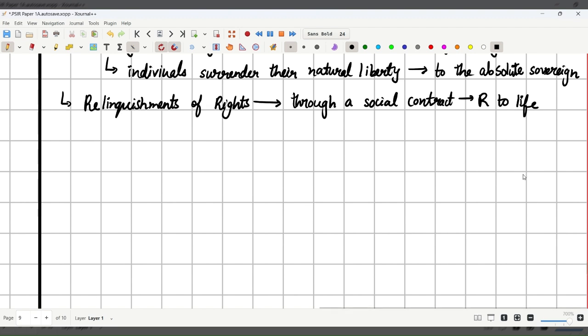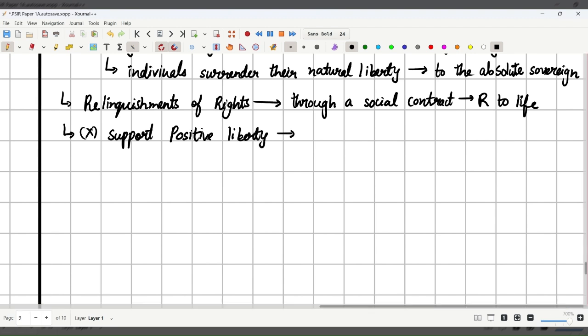Then, why does Hobbes not support the concept of positive liberty? Okay. Positive liberty is basically the role of the state as a welfare state or capacity-building state, which helps individuals achieve their full potential.